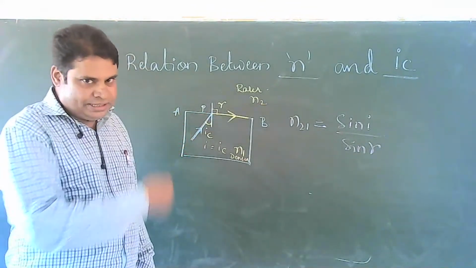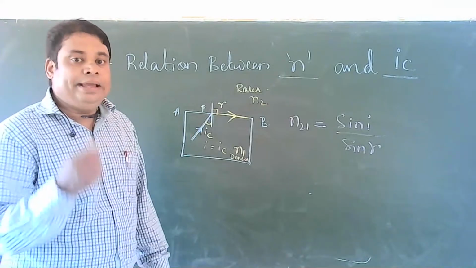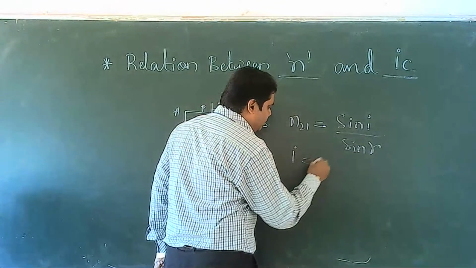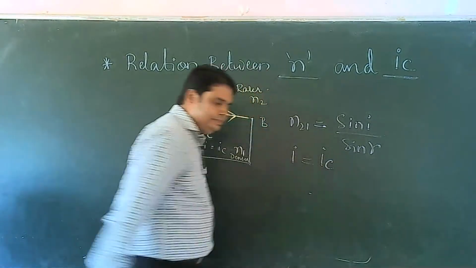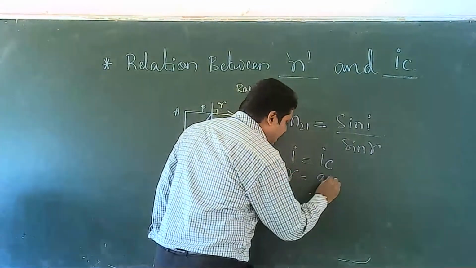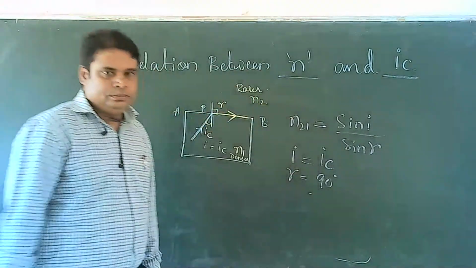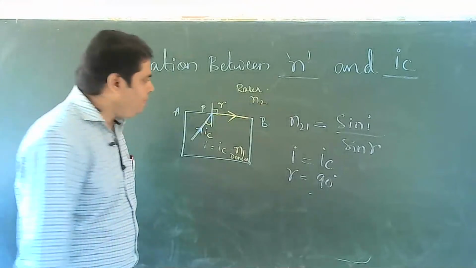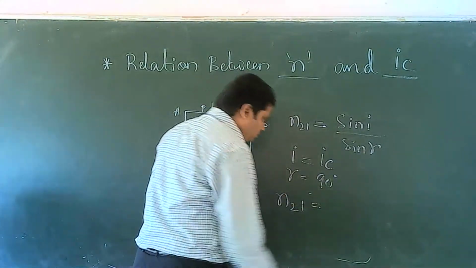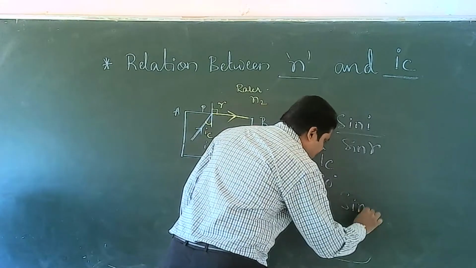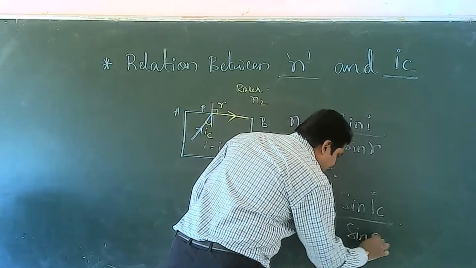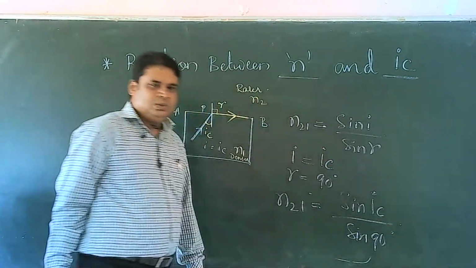This is a special case. In this case, angle of incidence I is equal to critical angle and angle of refraction R is equal to 90 degrees. Automatically, N21 is equal to sin IC divided by sin 90.